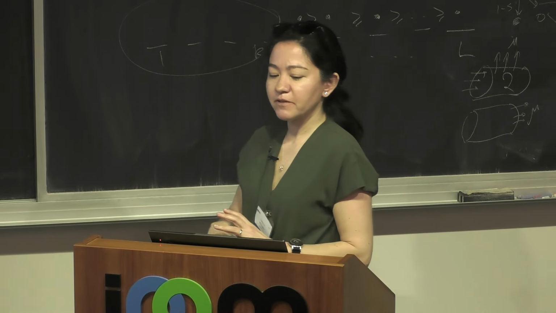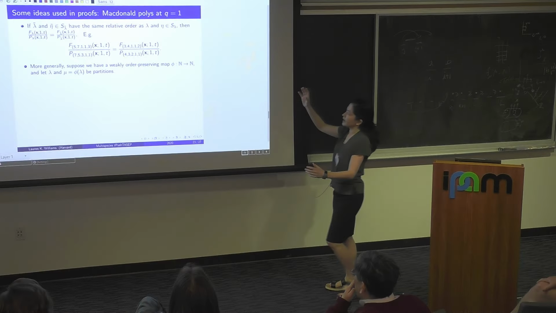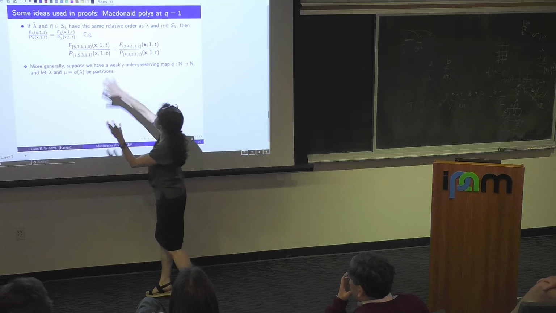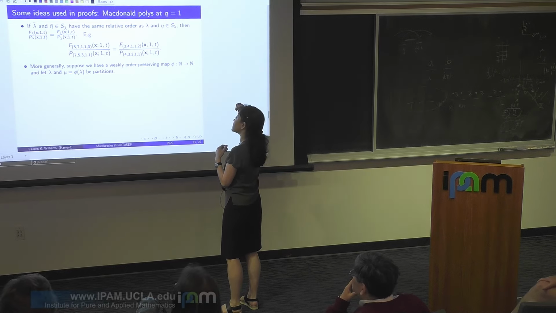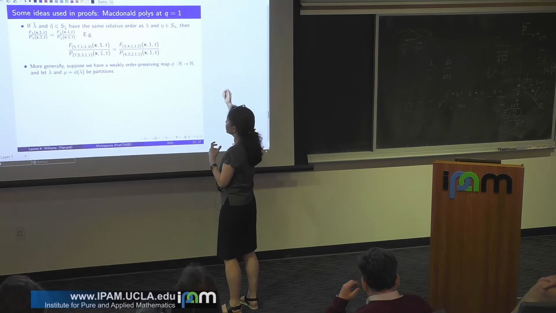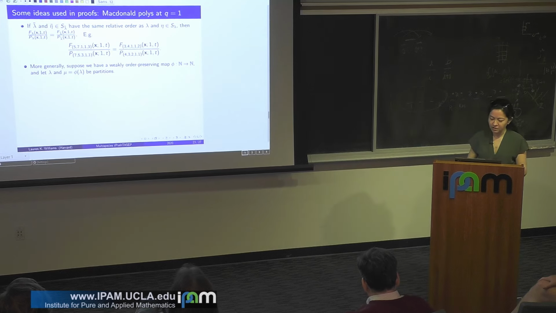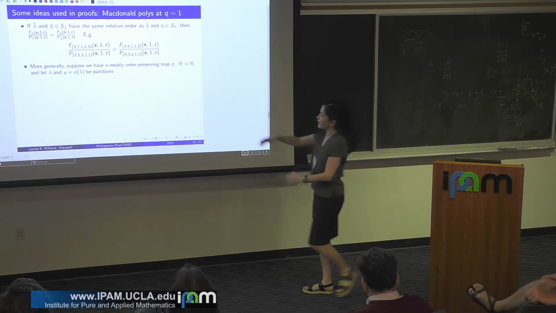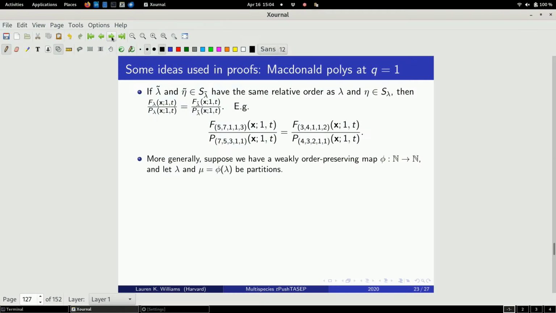And there's a refinement of this property. In my example over here, I took a strictly order-preserving map, but there's a way to write down an analogous statement that works with a weakly order-preserving map, which is as follows. Say I have a weakly order-preserving map from the natural numbers to the natural numbers, and let lambda be a partition and mu be the partition obtained by applying this weakly order-preserving map.